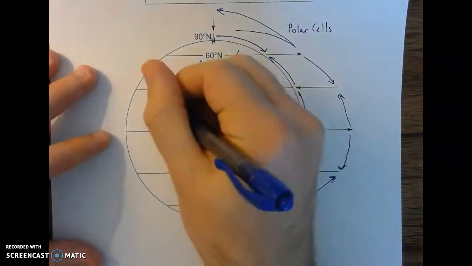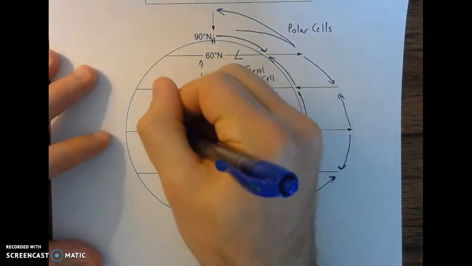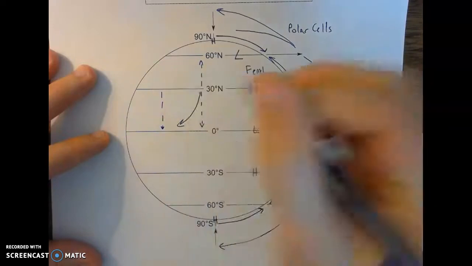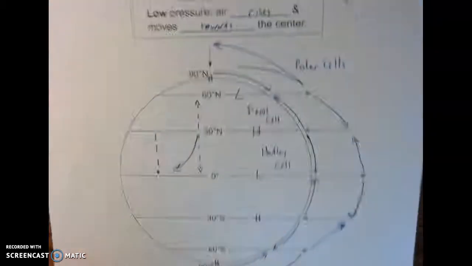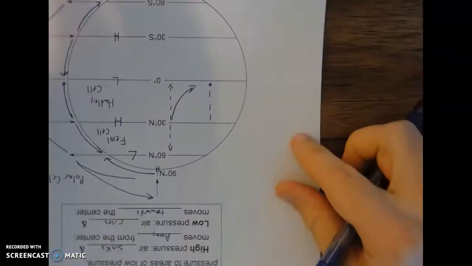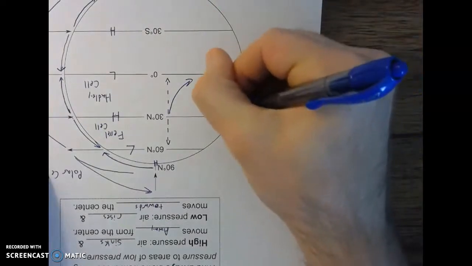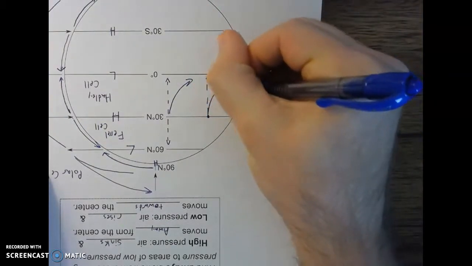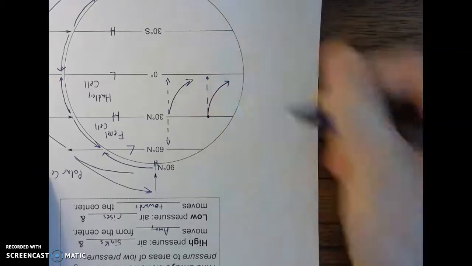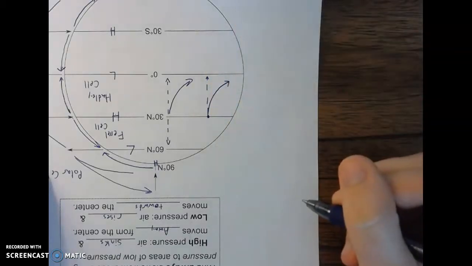I'm going to show you one more time how this happens. But now what I'm going to do is flip the paper over. So if this is your starting point, the winds actually appear to curve towards the right.